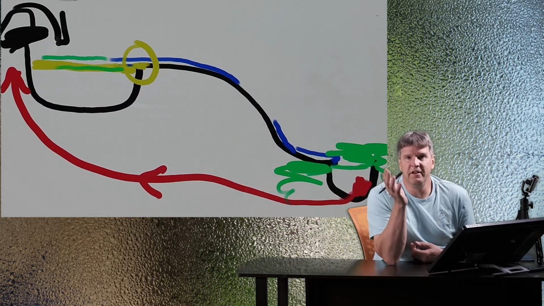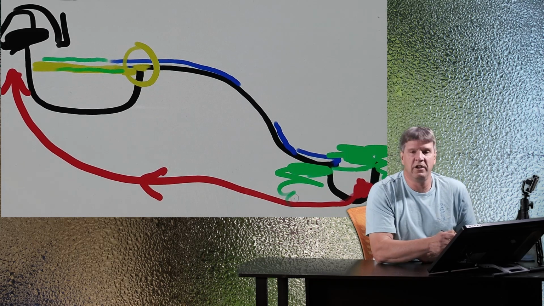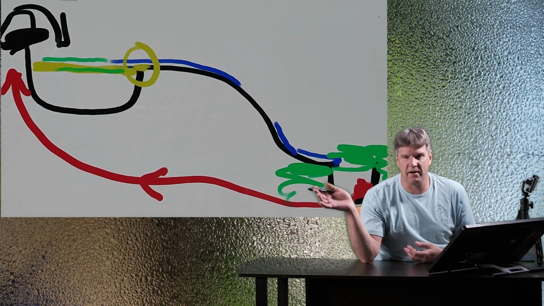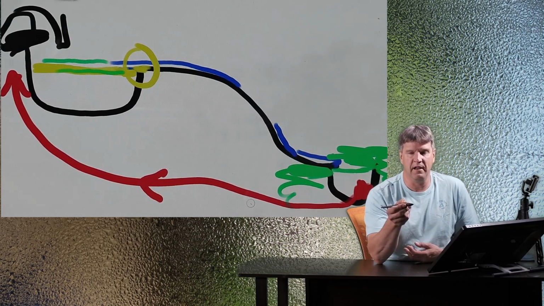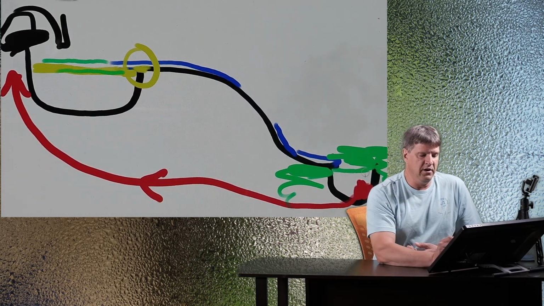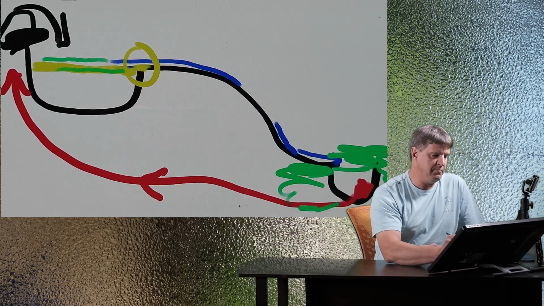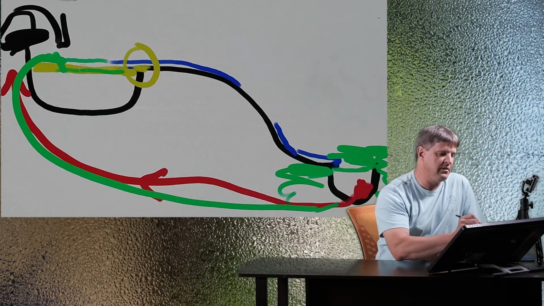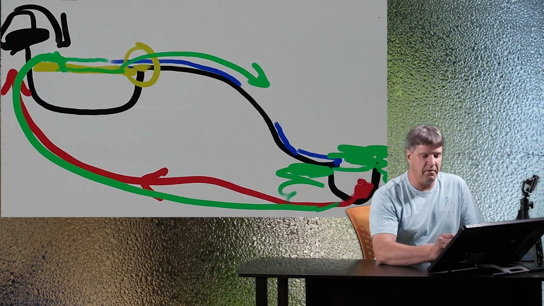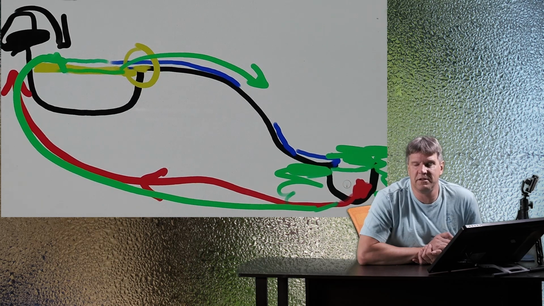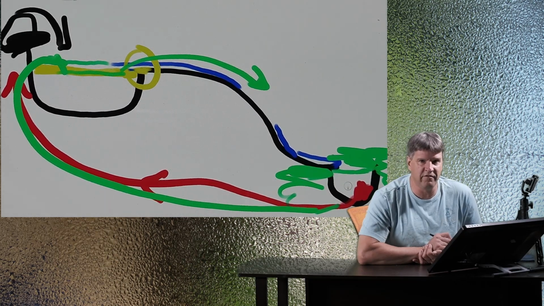Now, herein lies another problem, okay? Not only are we flooding out the bottom pond, when we go to start that pump back up again, we don't have enough water in that bottom pond to pump back up to the top to fill up the top pond to flow back down again. So the pump on the bottom is going to be sucking air. It's not going to have enough water.